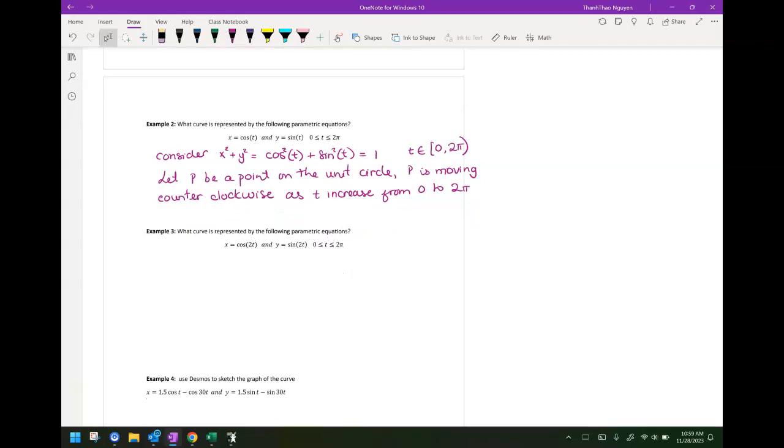Now, I can use the same argument. I can say x squared plus y squared equals cosine squared of 2t plus sine squared of 2t. This equals 1, for t in the interval from 0 to 2 pi. Note that because we have a 2t here, the point P on that unit circle will complete the circle as t increases from 0 to pi.